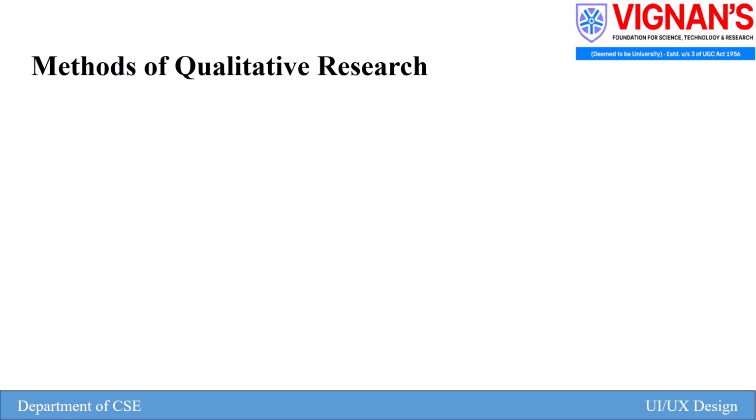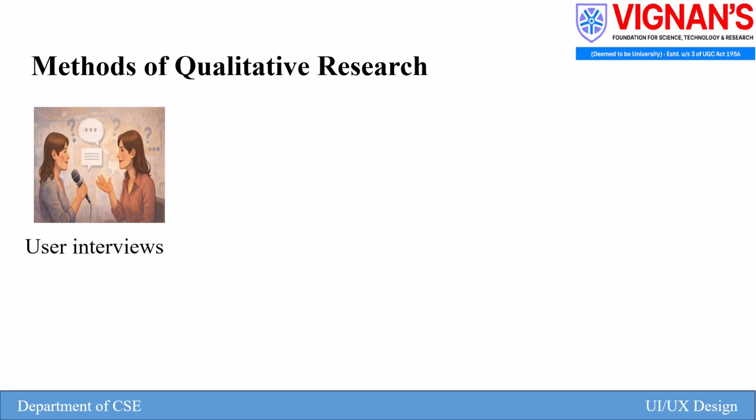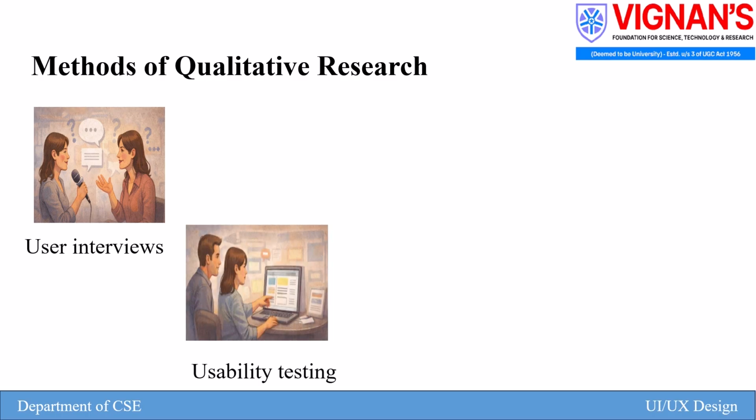Methods of qualitative research. Common techniques in qualitative research are user interviews, one-to-one conversations with users to understand their needs and experiences. Usability testing, observing users as they complete tasks to identify usability issues.